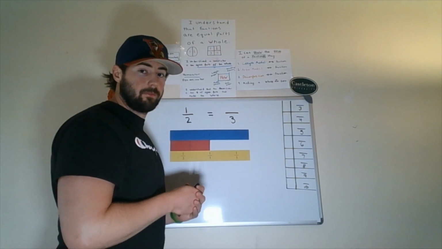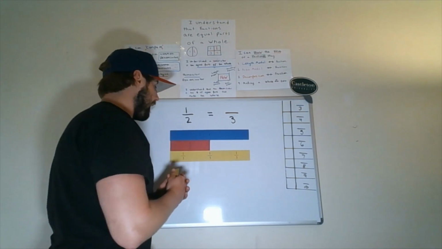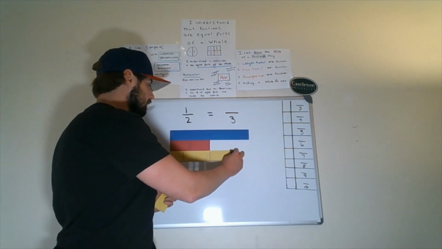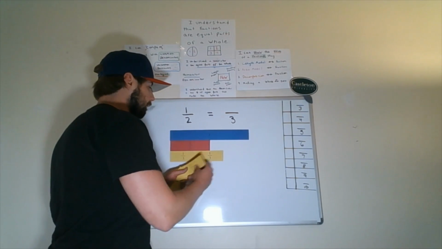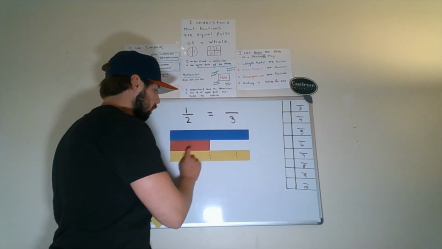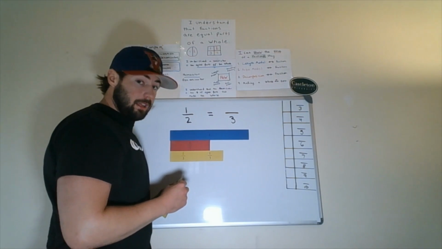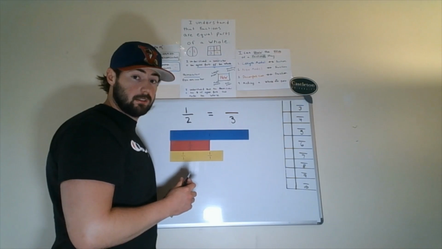But we're not trying to find equivalence to a whole. We're trying to find equivalence to that half. What is the same thing as 1 half? Let's see if we can do that. Well, 1 half was not equivalent to 3 thirds. It was not equivalent to 2/3.